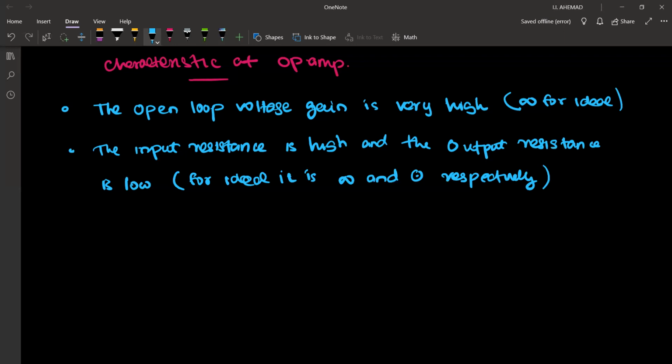So this is a very good characteristic for amplifiers, because the input resistance is very high. It will not absorb a portion of the input. At the same time, as the output resistance is low, it won't absorb a portion from the output. I think we discussed the same thing in JFET, right?